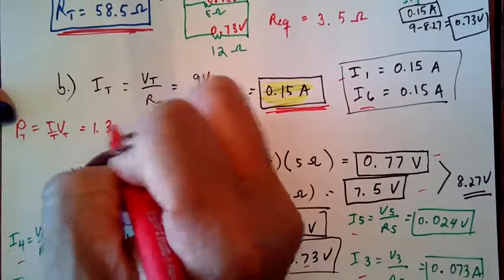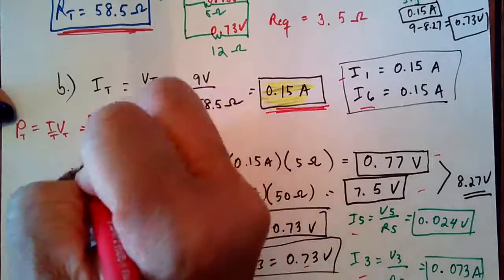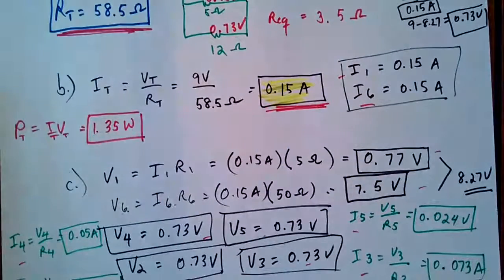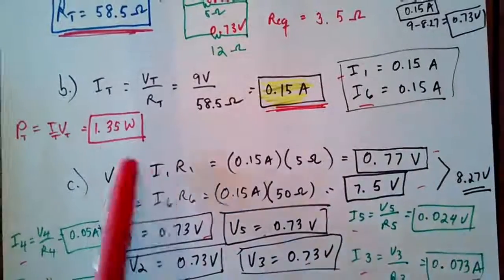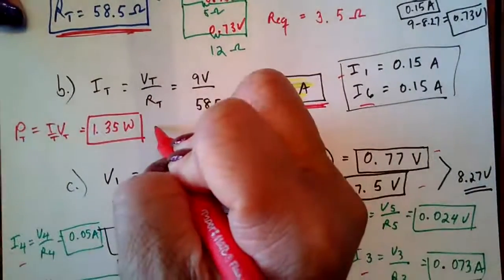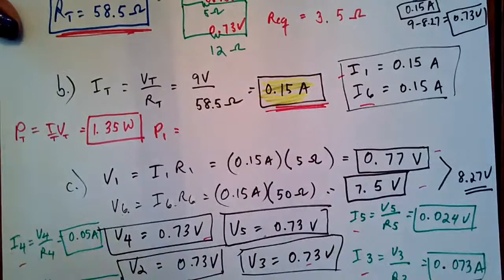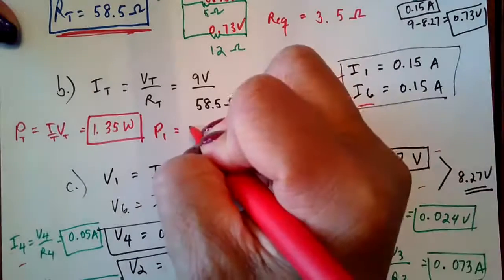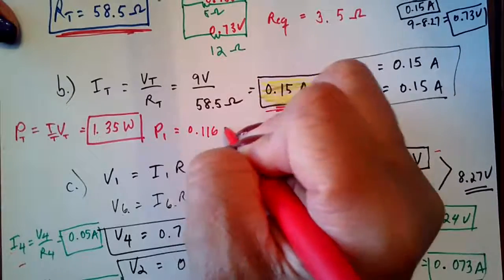And we have 1.35 watts of total power. So I'm just going to write down the total power here. And the individual power is easy enough to calculate. So P1 is 0.15 times V1, which is 0.77, and you get 0.116 watts.